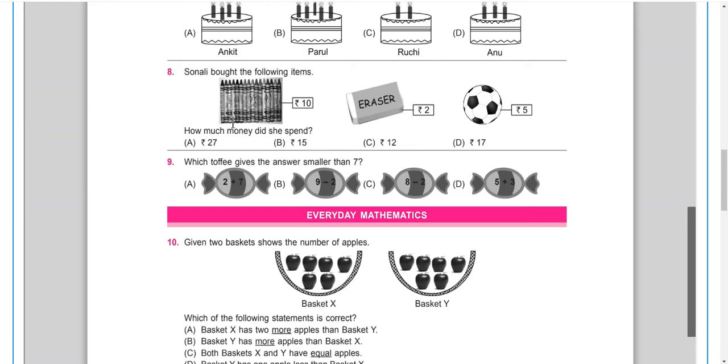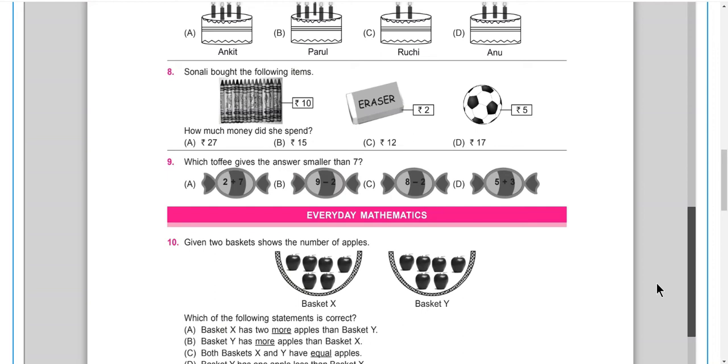So let's start. First is 2 plus 7. So 2 plus 7 is how much? Can you write the 2 plus 7? 9 is the answer.